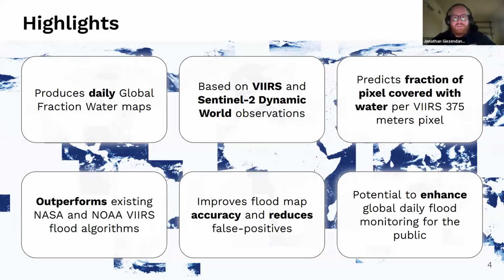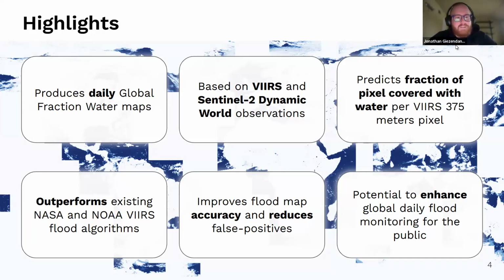So these are the highlights of what we achieved. We produce daily global fractional water maps. They are based on VIIRS and Sentinel-2 Dynamic World observations, so a fusion product. They predict the fraction of each VIIRS 375 meter pixel covered with water, so how much of that pixel is covered by water.